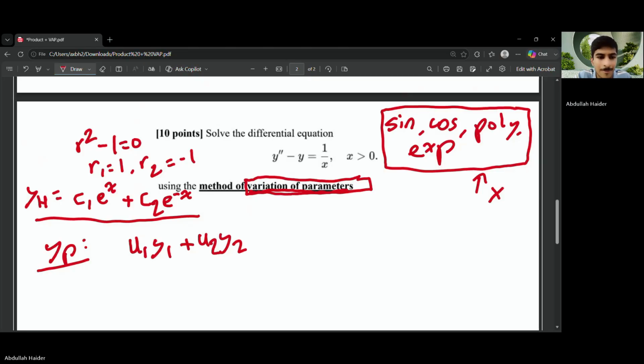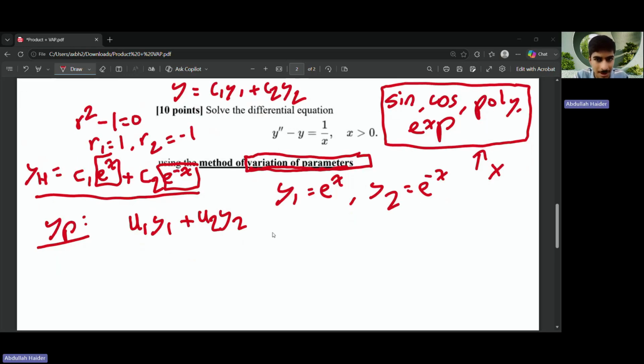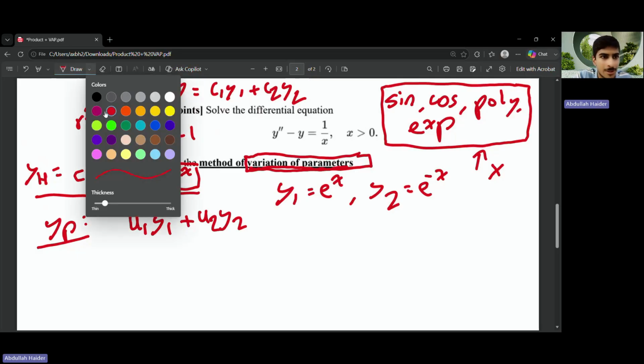So Y1 was e^x. As you know from before, the general solution is always C1 Y1 plus C2 Y2. So our Y1 is e^x, and our Y2 is e^(-x). Now first, what we will do is find the Wronskian. We will first find the Wronskian.